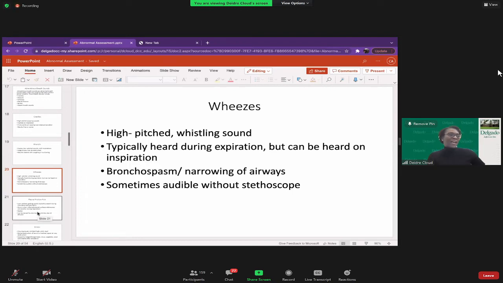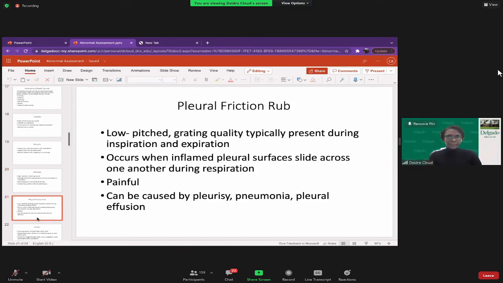So then we have pleural friction rub. Anybody want to tell me about pleural friction rub? Is that like with pleurisy? And what's pleurisy? It's like the two walls stick together.